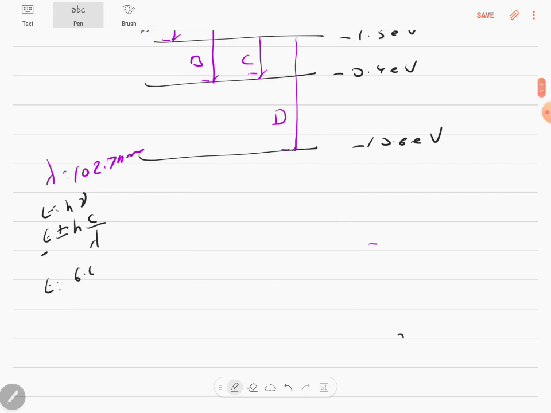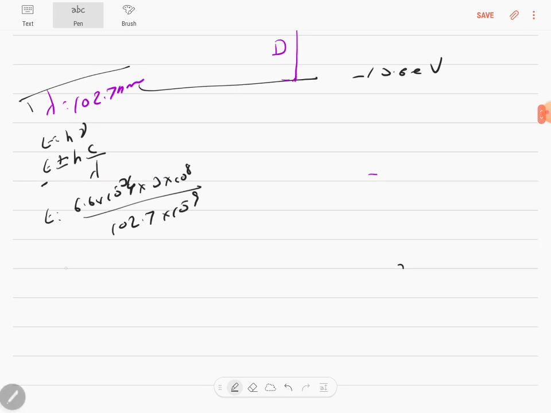So 6.6 into 10 to the power minus 34, into c, which is 3 into 10 to the power 8, divided by lambda, 102.7 into 10 to the power minus 9. Everything else is a constant, so you can get the energy's value.